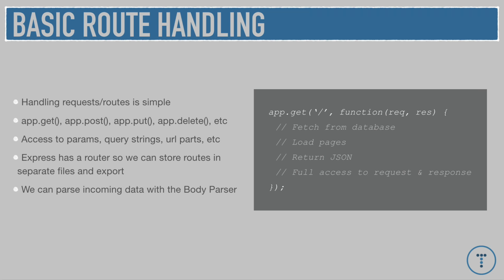We're going to look more in depth into both of these objects as the course goes on. And then we can parse any incoming data with the body parser that's included with Express. Also, we don't have to put all of our routes in one file. Express has a router so that we can store routes in separate files, and then we can just export them so that we can clean up our application.